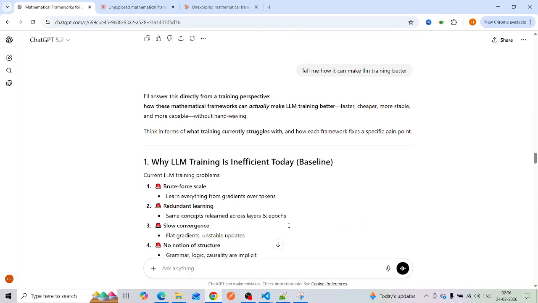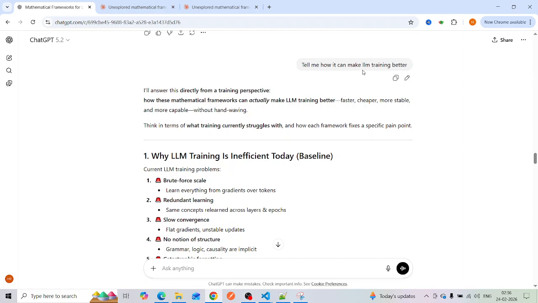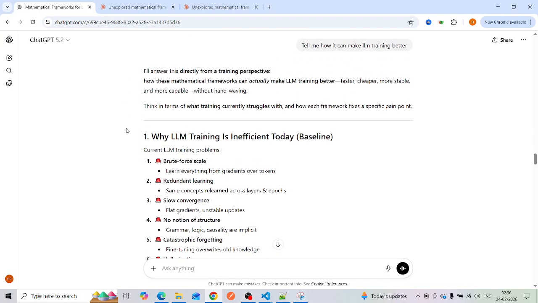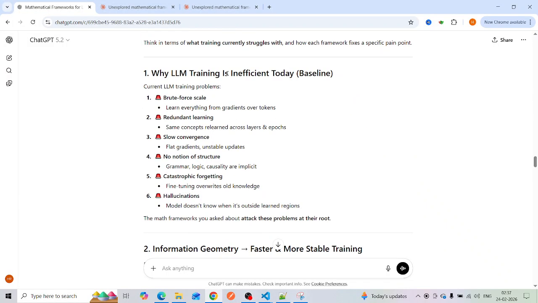Then I asked, tell me how it can make LLM training better. So what it is saying is why LLM training is inefficient today. That is interesting, right? One LLM is saying why LLM training is inefficient today. So this is the baseline.